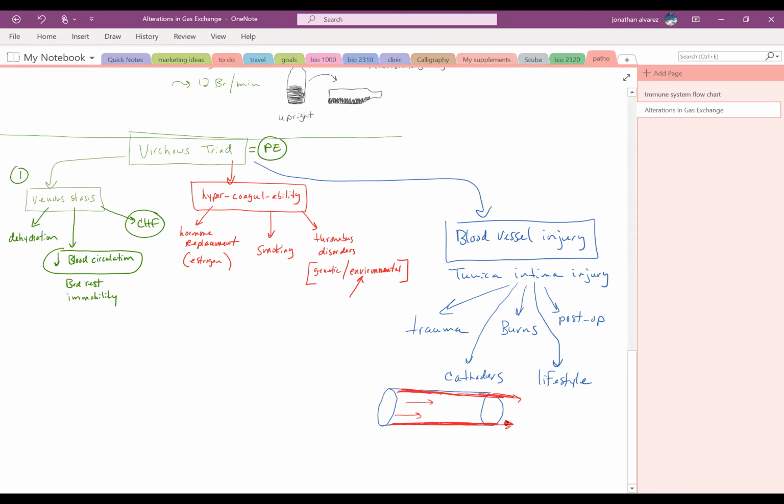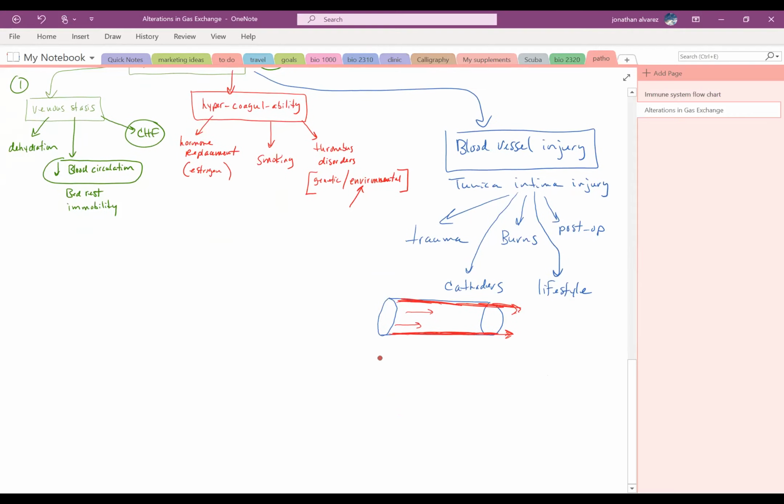So laminar flow is what you want. But once you get some sort of tunica intima damage, as blood is flowing through, you start to nick and spur the red blood cells, so they get hurt.